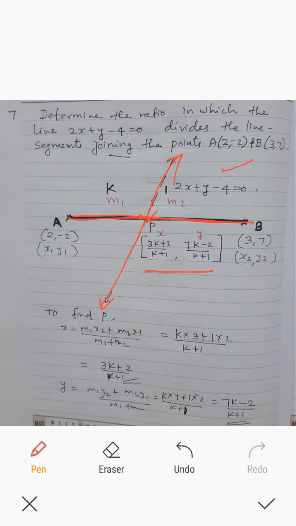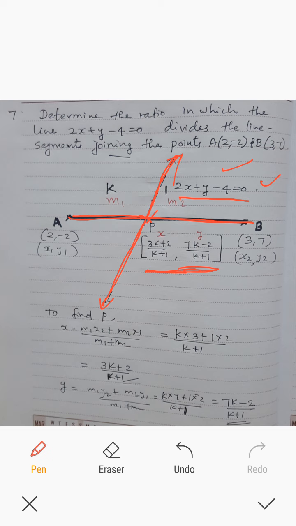See, the point P is on the line 2x + y - 4 = 0. That means the point P, ((3k + 2) by (k + 1), (7k - 2) by (k + 1)), is on this line 2x + y - 4 = 0.